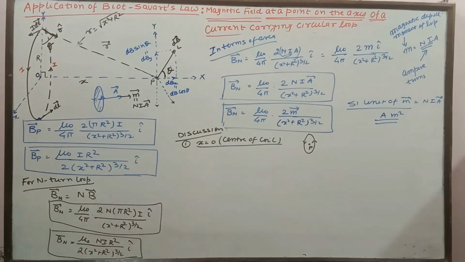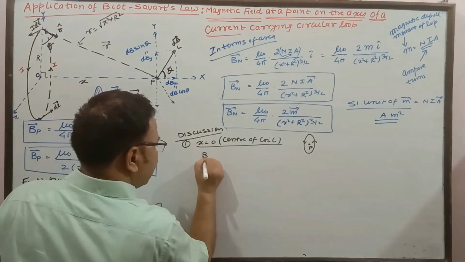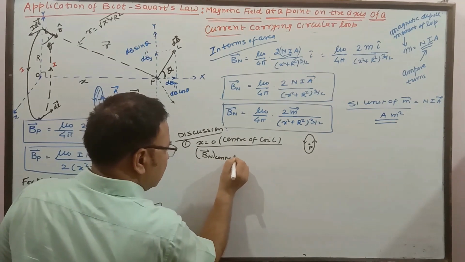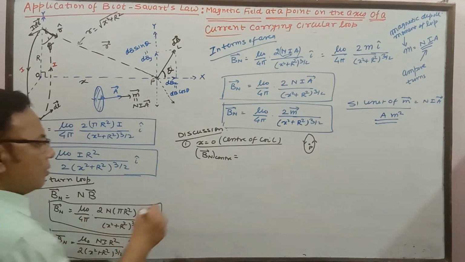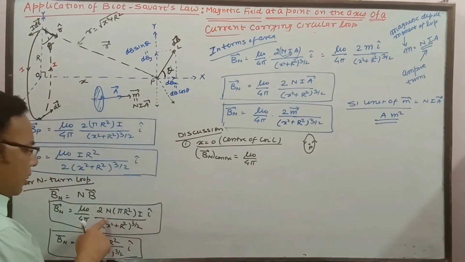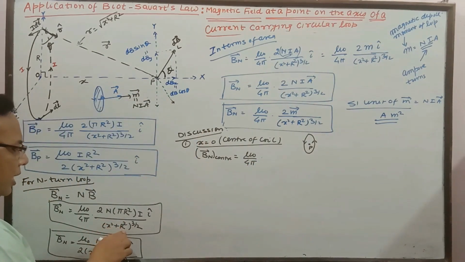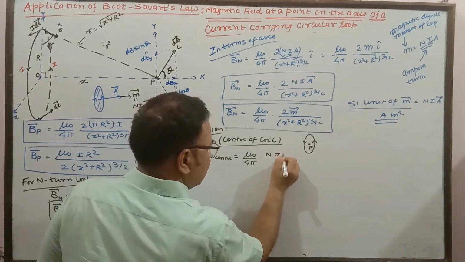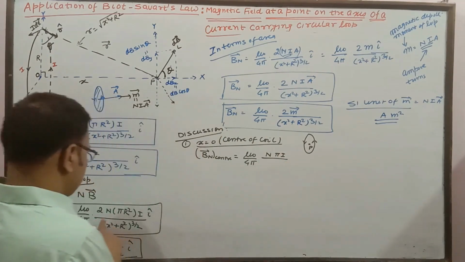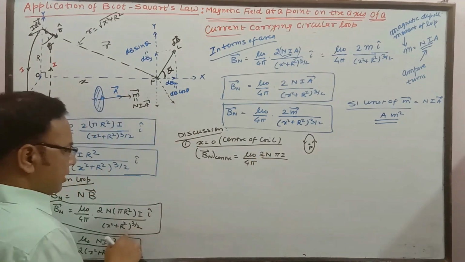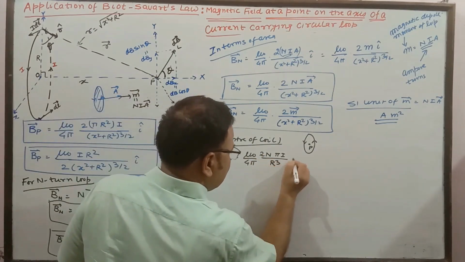R square is cancelled out. So for n turn, the magnetic field at the center is mu naught by 4 pi into, r cube and r square cancelling, n pi I, and 2 is still left, so we can put 2 here as well. This is r cube, so put r cube I cap.